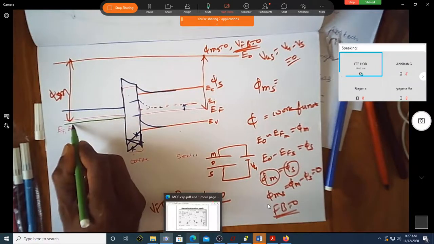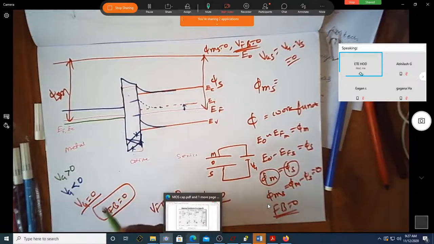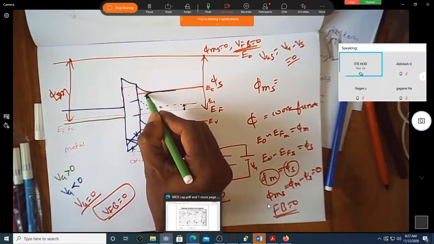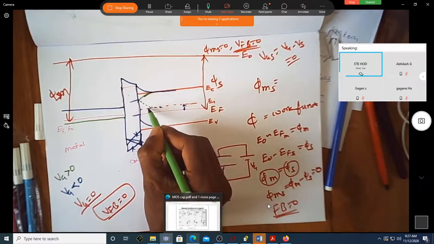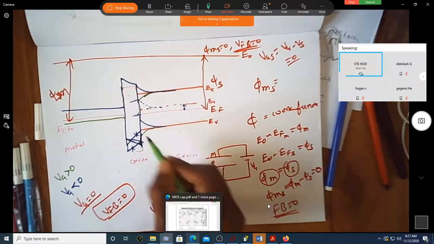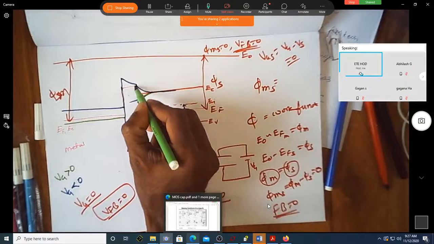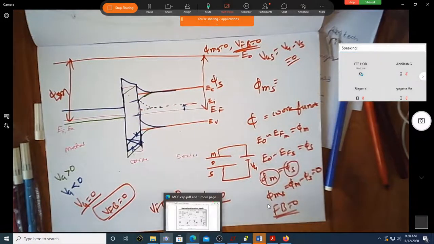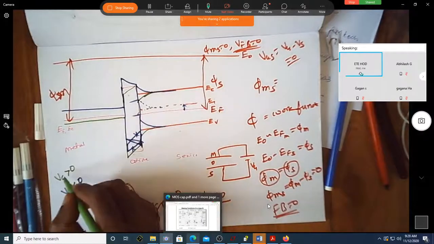Now VG is slightly made positive. In such a case, does this band bend this way? The green one corresponds to VG greater than 0.